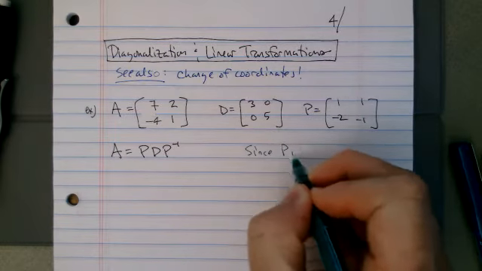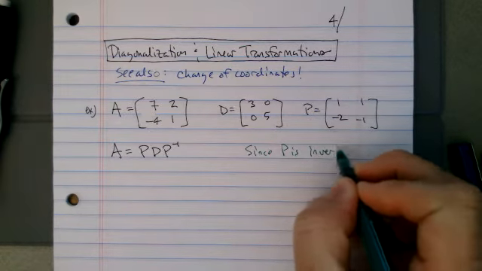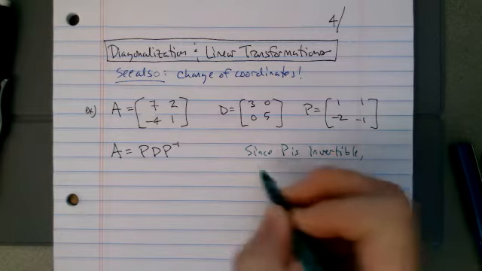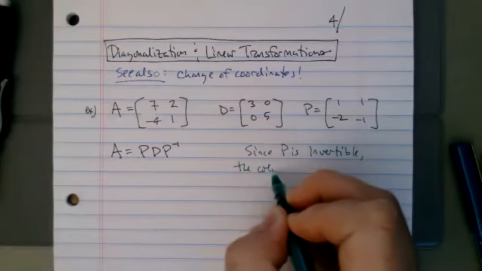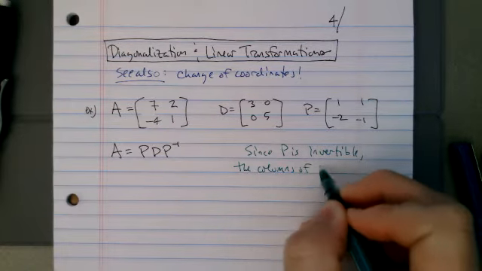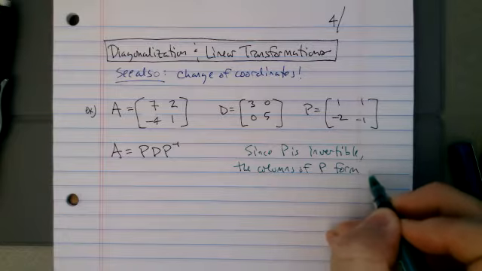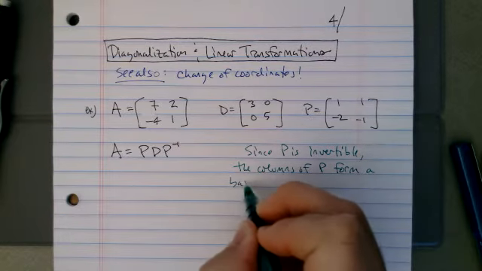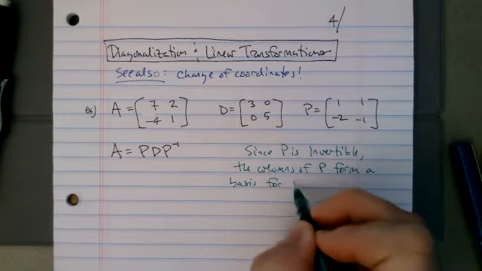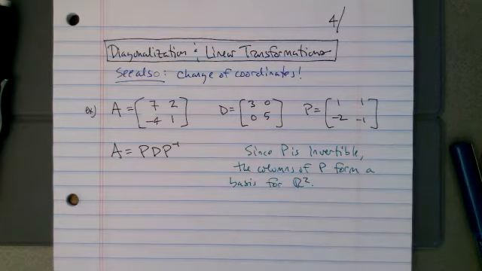Since P is invertible, the columns of P form a basis for R2. That's the invertible matrix theorem.